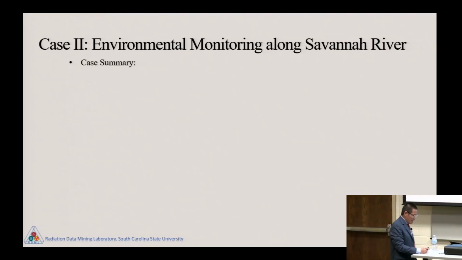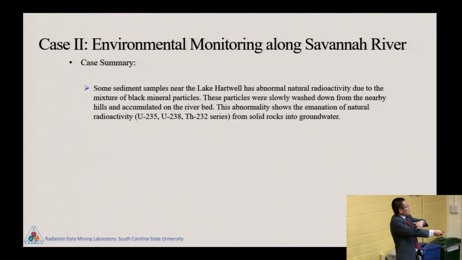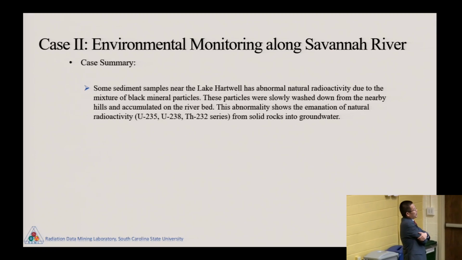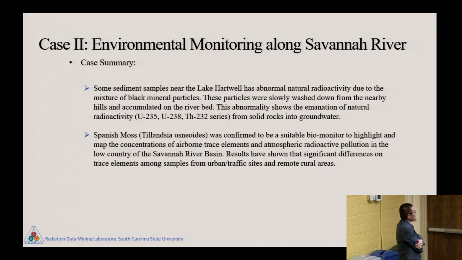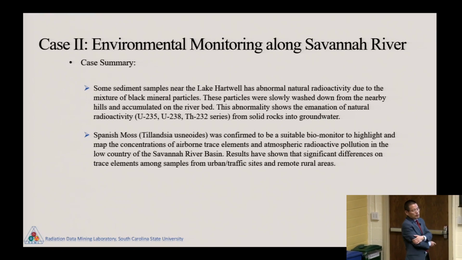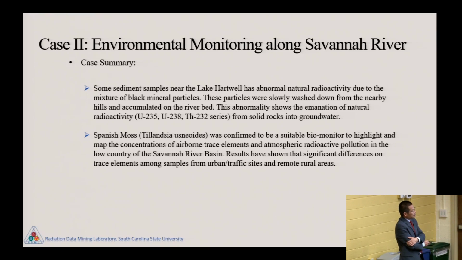So from this case, we can learn that some of the sediment samples near Lake Hartwell have abnormal natural radiation due to a mixture of black mineral particles. They actually come from solid rocks into the groundwater. You can see the different series. Spanish moss was confirmed to be a very good monitor of air pollution.